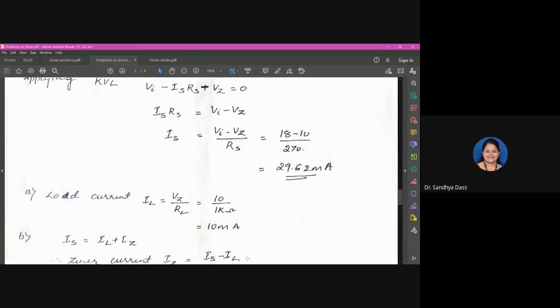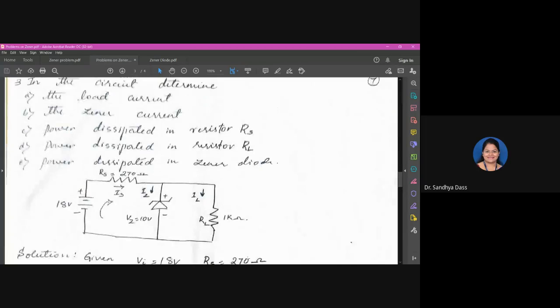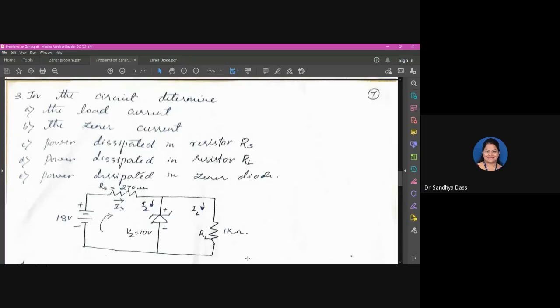Load current, 10 milliamps. Correct. Please hold on, Ashwija. Let others also follow. Please don't be discouraged. I'm just concentrating on those who are slow in understanding, only that.